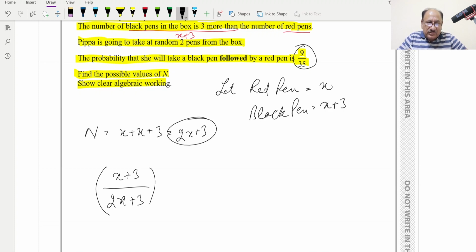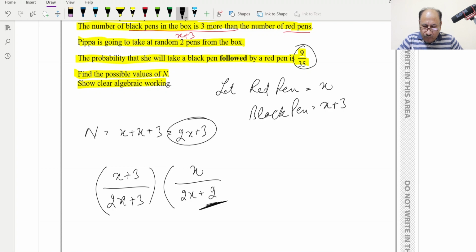And now for the second probability, the total will be 1 less. For the second, red total is x, and this will be over 2x plus 2. We have reduced 1 because 1 is gone. This is the second draw, without replacement, and this is equal to 9 over 35, which is given over here.